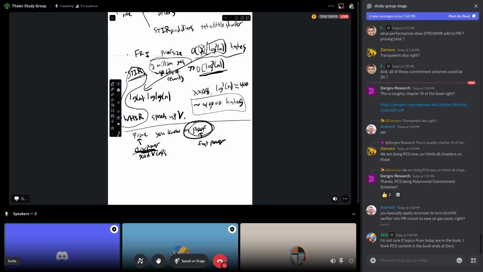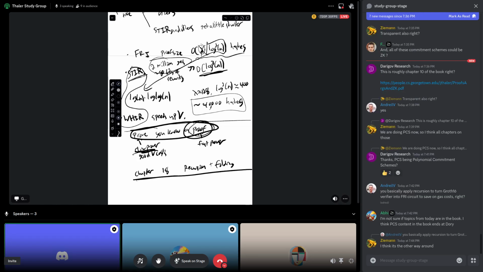All that stuff is in the book. I think it's chapter 18, which covers recursion and folding schemes. This prove a proof thing to get the fast prover but also the small proofs is at the start of this chapter. So that's where I would recommend you have a look.